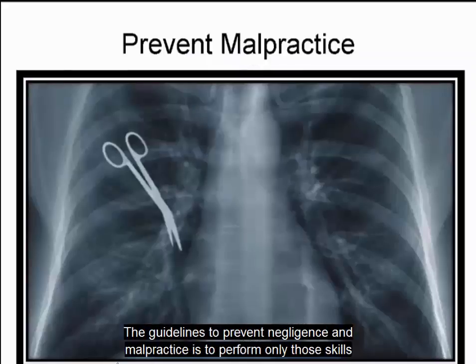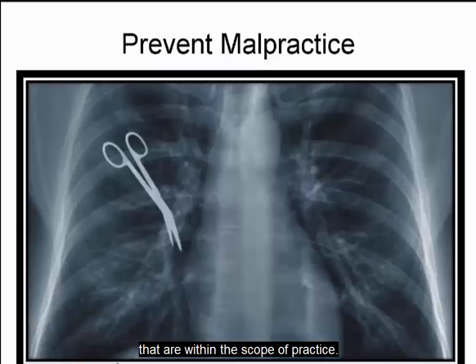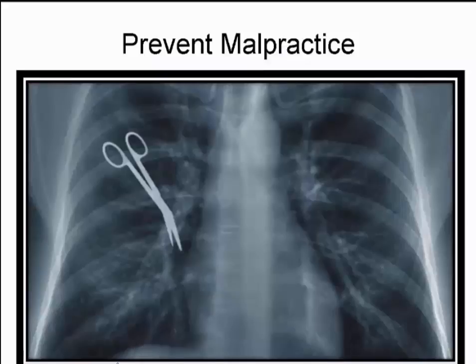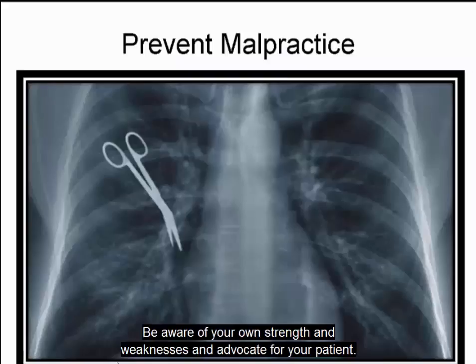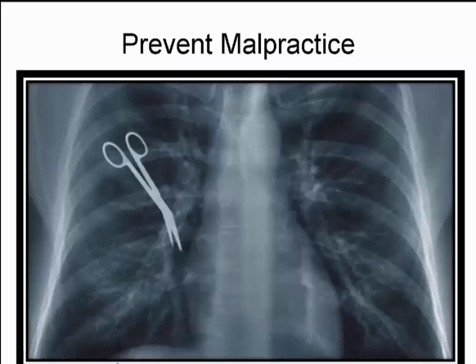The guidelines to prevent negligence and malpractice are to perform only those skills that are within the scope of practice, staying current in the field of practice, delegating carefully and legally, administering drugs using the 6 rights, being aware of your own strengths and weaknesses, and advocating for your patient.